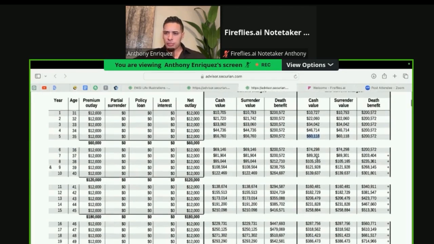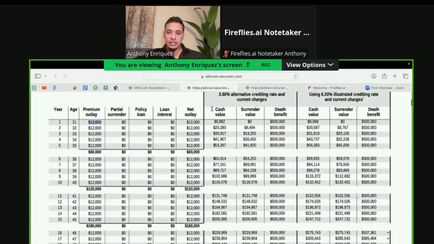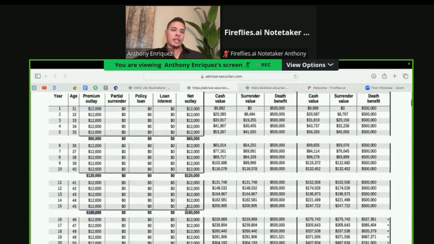I just wanted to point out a few specific points here. In the previous example, we put in $180,000 and the policy grew to $258,884. And in this policy, same time frame, after the 15th year, you can see the policy has grown to $247,722.